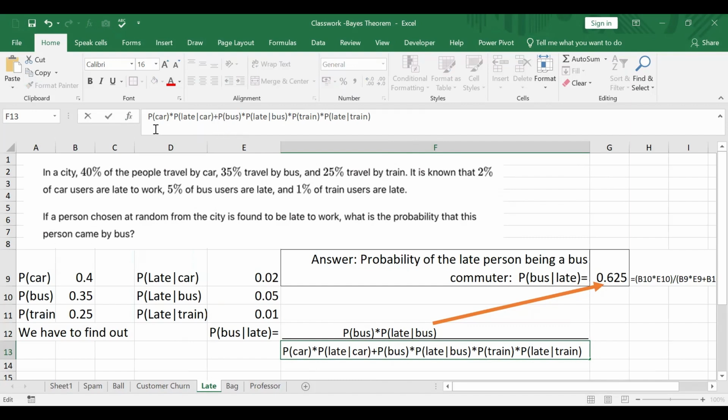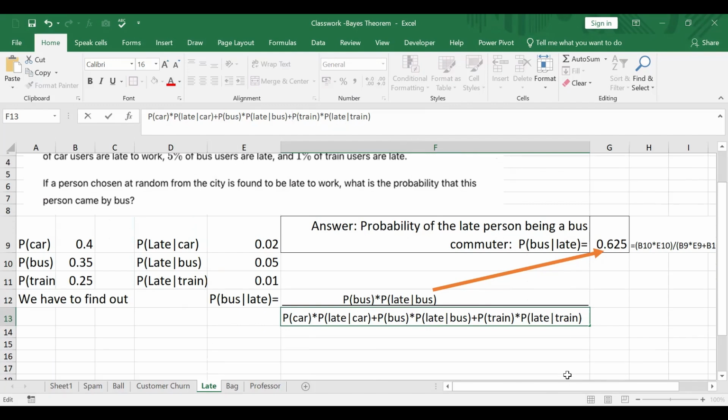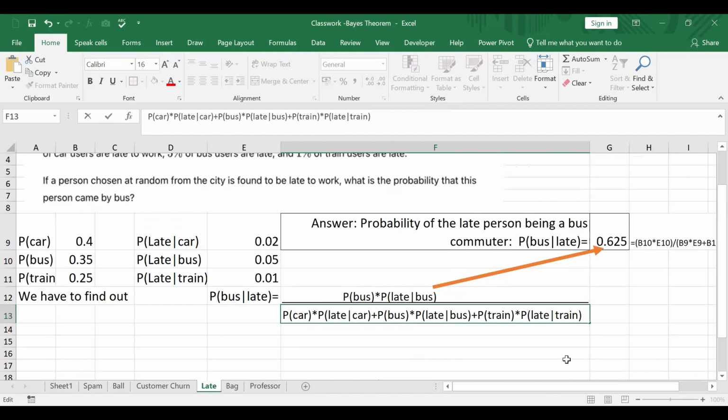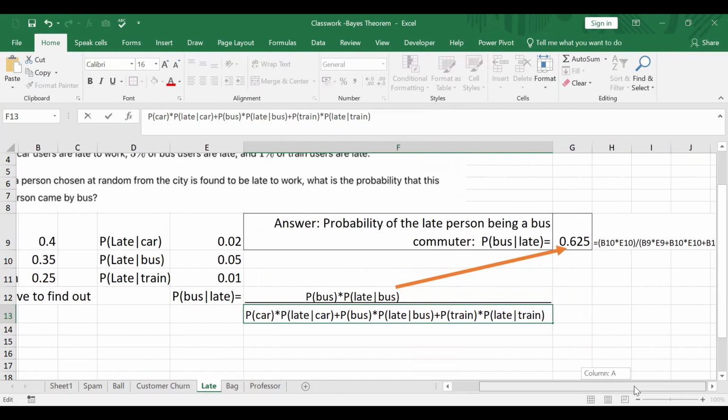P car, P late given car plus P bus, P late given bus plus P train, P late given train. So we have all the values here. Now it is already calculated.